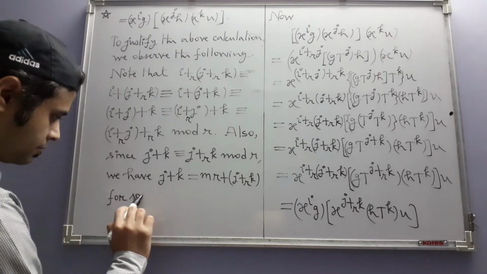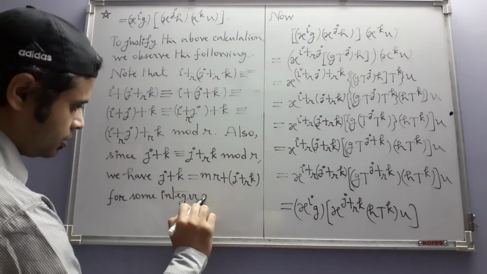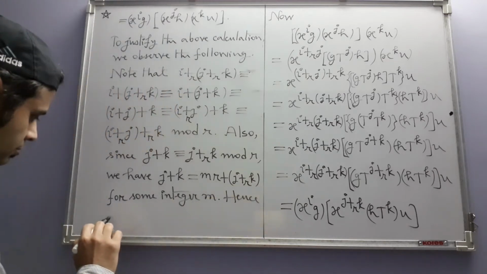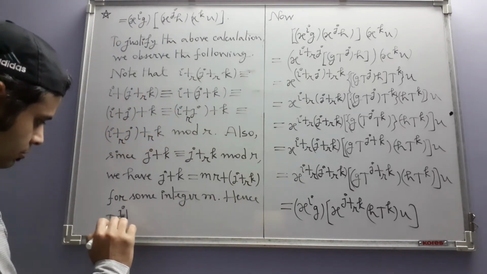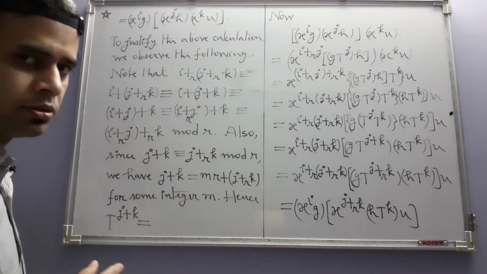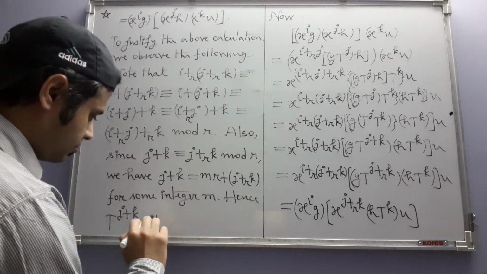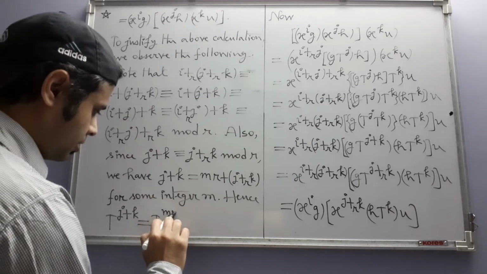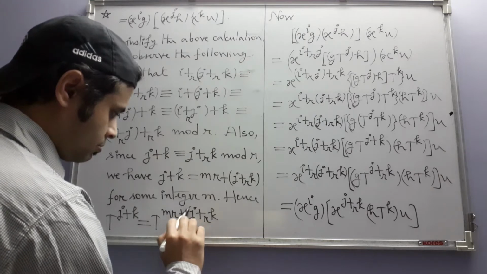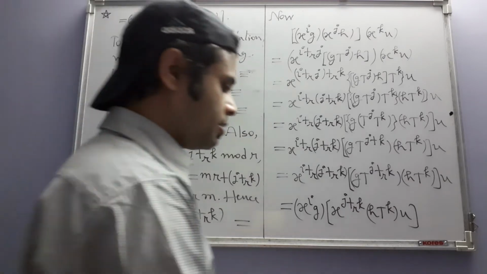For some integer M. Hence, here also now, I hope you can see what we are going to do. MR plus K, this is equal to, now we are going to use the rules of exponent.